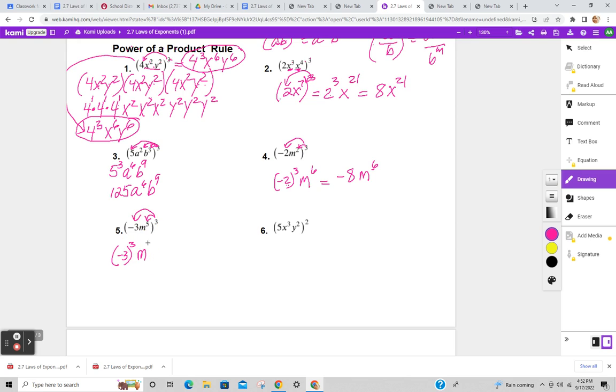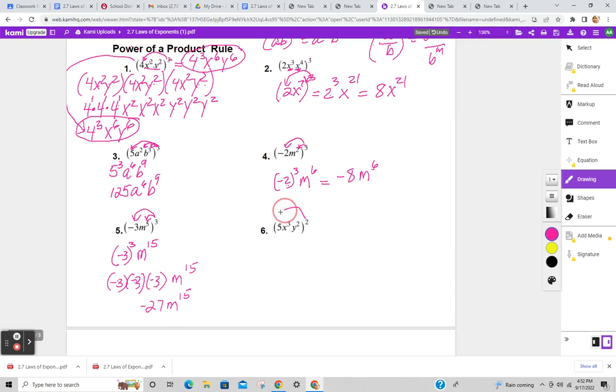I'll have m, 5 times 3 is 15. Now, (-3), I'll list those out so you can see. That's what we have. Well, -3 times -3 is 9, and 9 times -3 is -27. So this is -27 m to the 15th power.